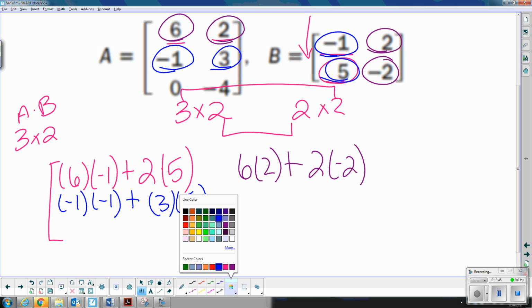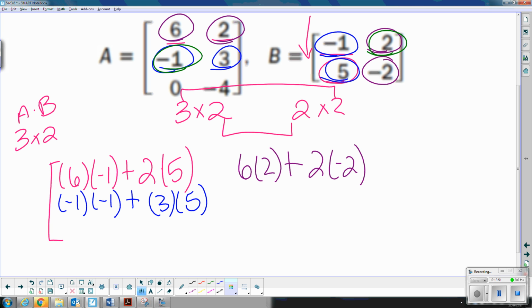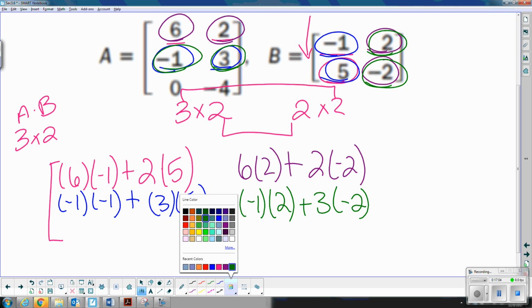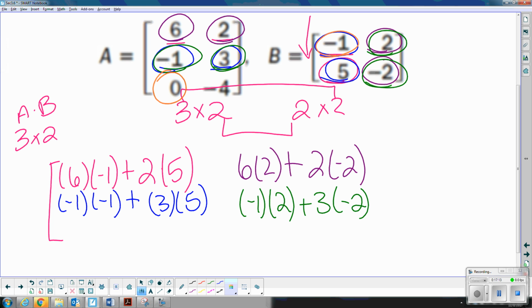And then our second column is -1 and 2 and 3 and -2. So -1 times 2 plus 3 times -2. And then our last row, start with our last row here, 0 and -1, -4 and 5. 0, -1 plus -4 and 5.